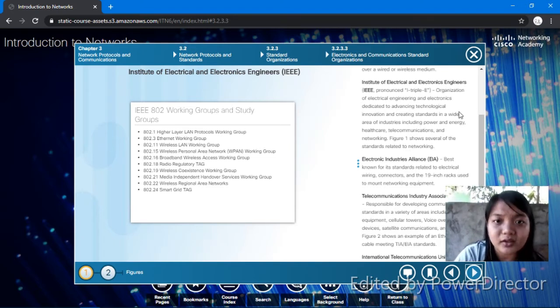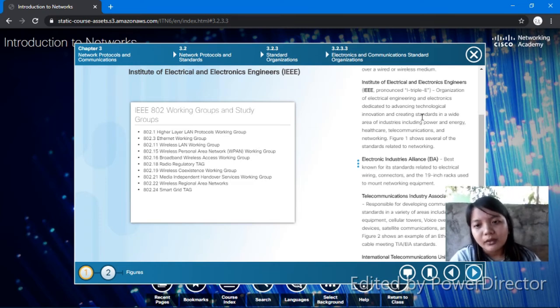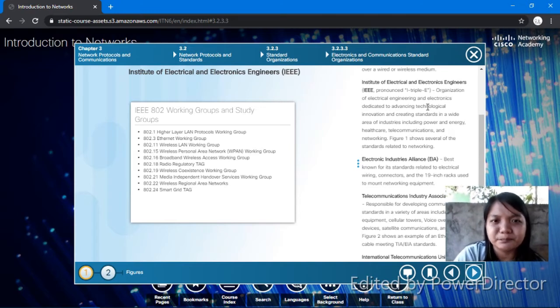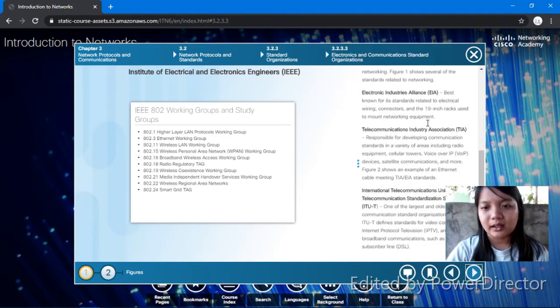So this organization is responsible for the electrical and electronics, and also for advancing power and energy, healthcare, and so on.